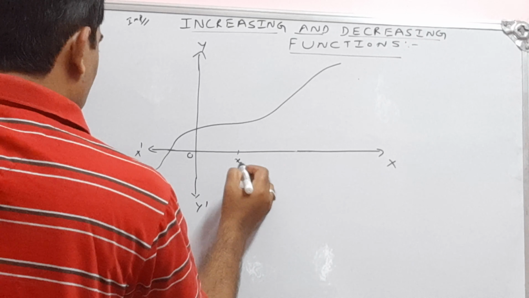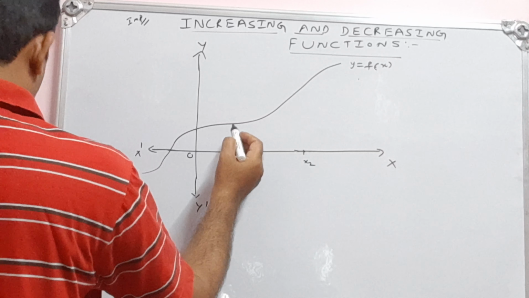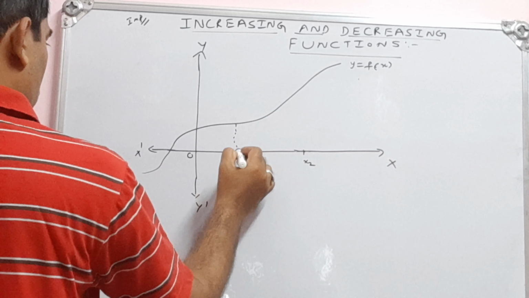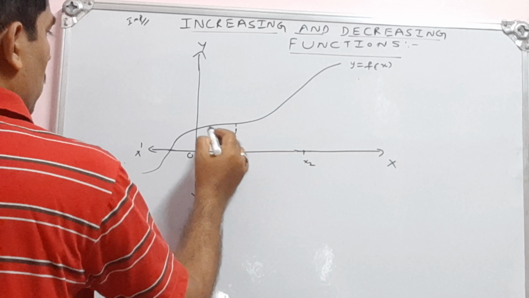Then let me mark this. Here there are 2 points. On the x and the y axis, so I got this.